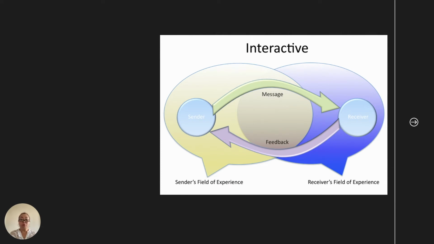In the move to a more dynamic view of communication, interactional models follow two channels in which communication and feedback flow between sender and receiver. Feedback is simply a response that gives a receiver a chance to respond to the sender.